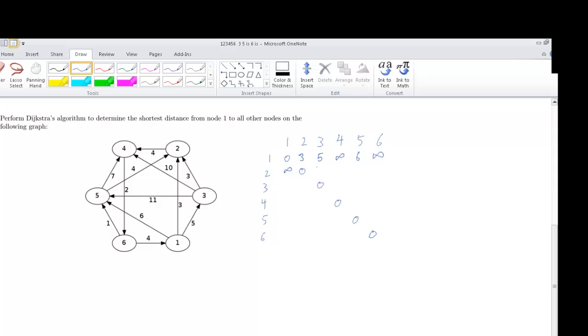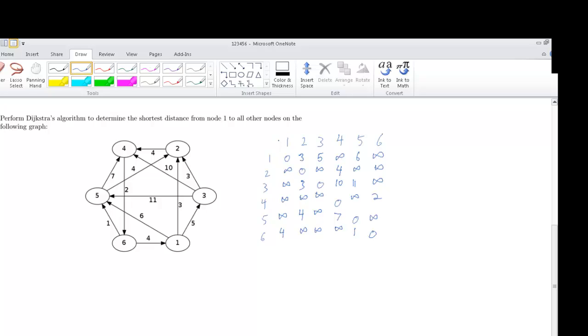infinity, 0, 8, 4, infinity, infinity, infinity, 3, 0, 10, 11, infinity, infinity, infinity, infinity, 0, infinity, 2, infinity, 4, infinity, 7, 0, infinity, and 4, infinity, infinity, infinity, 1, 0.